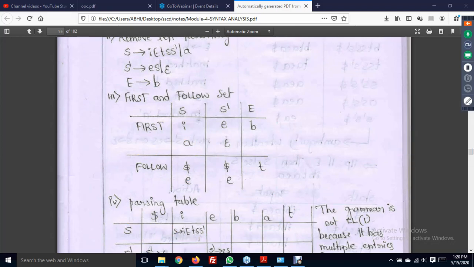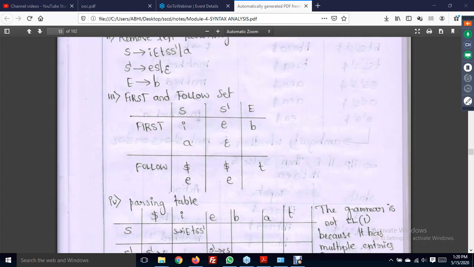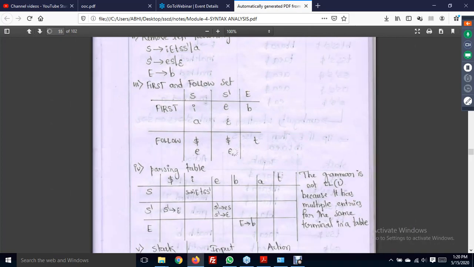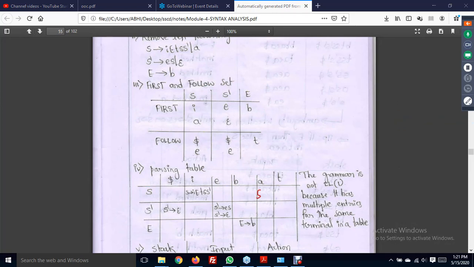The second thing is S dash, whose first is E and epsilon.